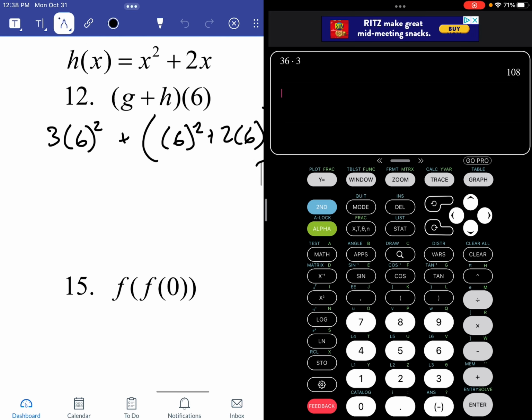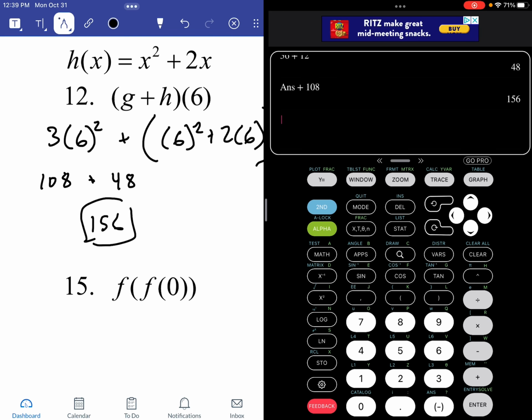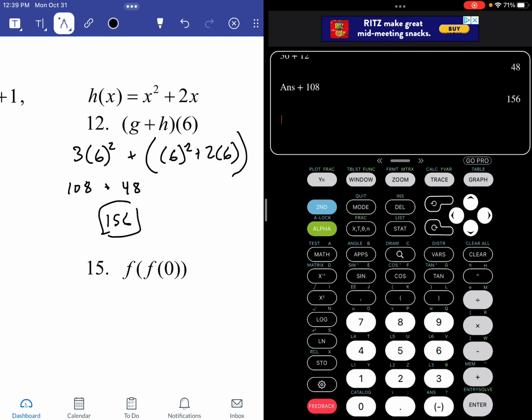Get back in this. So we got 108 plus 6 squared is 36 plus 2 times 6 is 12, which gives me 48. 48 plus 108 is 156. There's your answer for the next one.